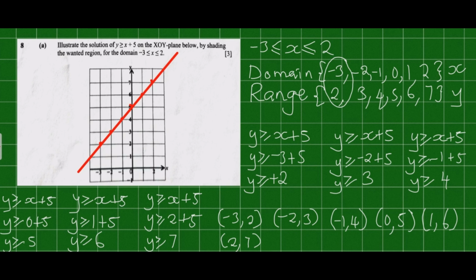Now what we need to shade is the area which is greater. In the question they are saying y is greater, so anything that is bigger than where the line is passing in terms of y, that's the area we shade. So when shading, we will shade like this.